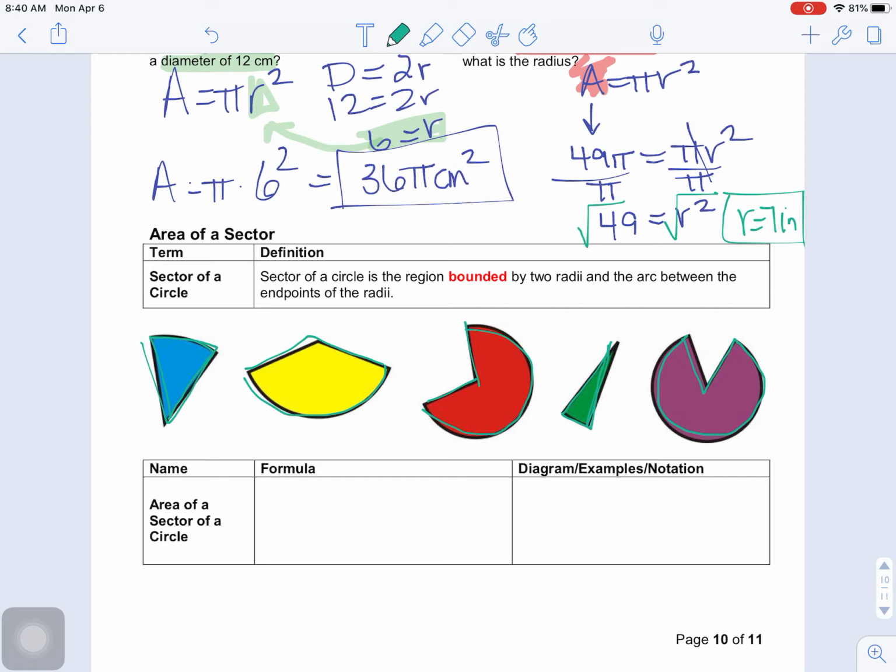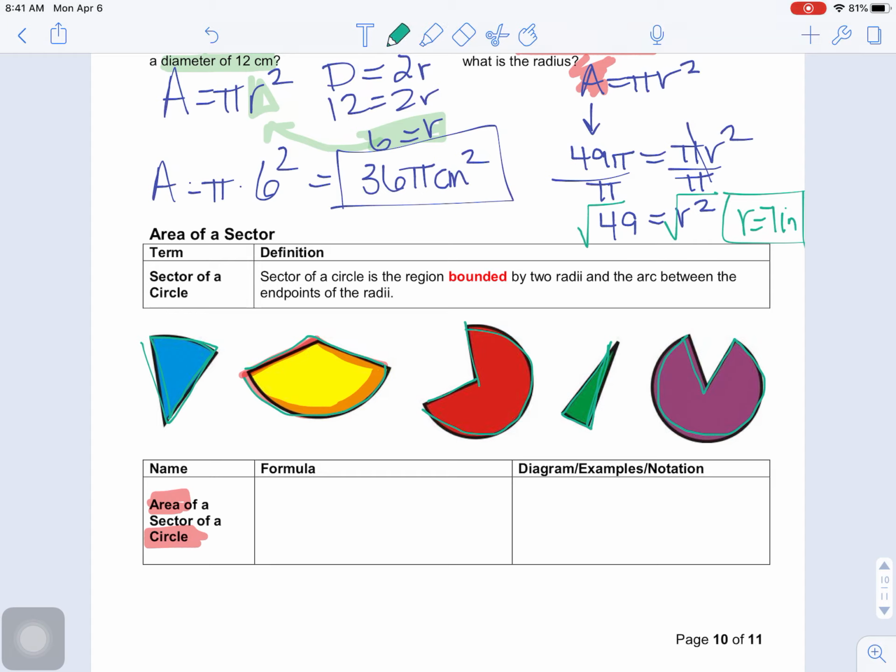So those are sectors. And we want to take a look at how we calculate the area of that sector. So again, we have area. We're looking at a circle shape, so we know we need to use the area of a circle formula. But if you notice, we're only given a portion of that. So we want to refer to the fact that circles are 360 degrees.